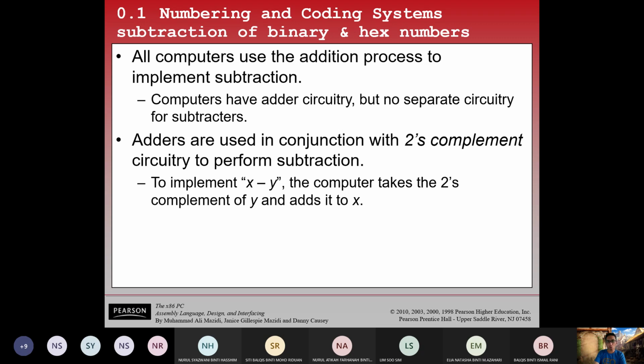This is always the way to perform the subtraction using the computer. It's not straight mathematics, where you can just do x minus y. You need to have the 2's complement. There will be 1's complement and then 2's complement to complete that. So how does it work?